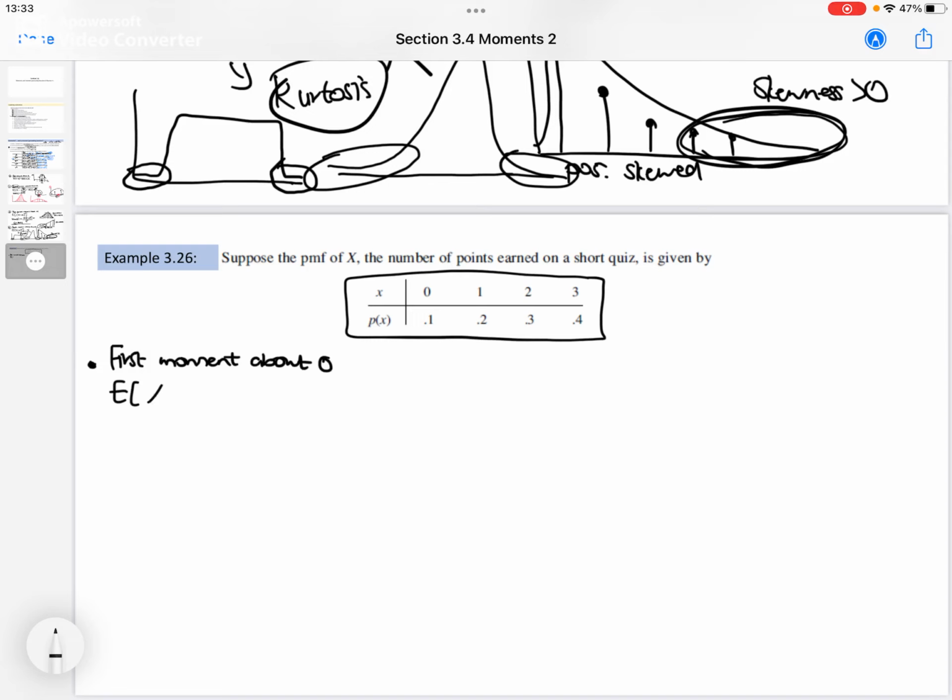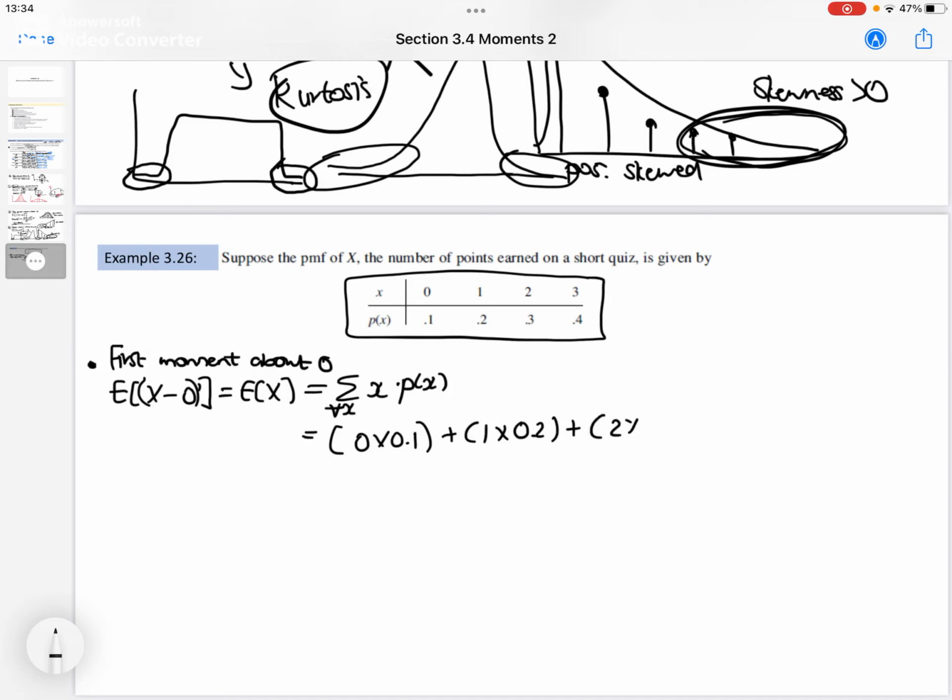I'm asking you to calculate the first moment, which is equal to the expected value of x. And by definition, this is equal to the sum of x times p(x) for all possible values of x. This is equal to 0 times 0.1 plus 1 times 0.2 plus 2 times 0.3 plus 3 times 0.4. And the expected value there is equal to 2.